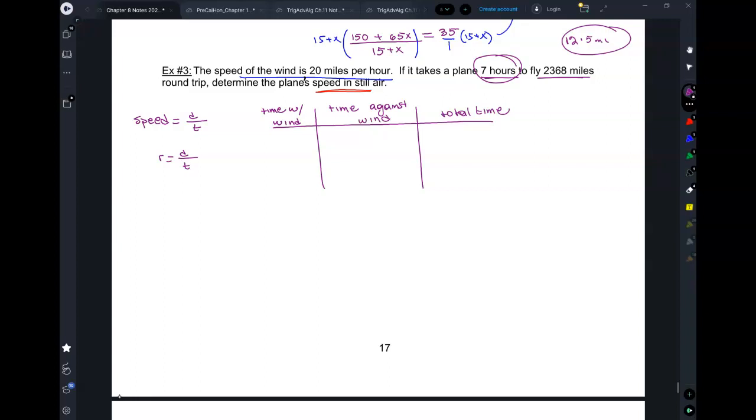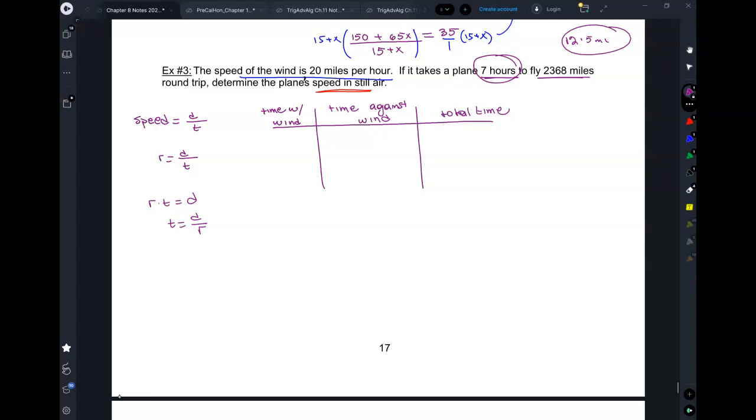So because we're given the total time, we have to write both of these in terms of time. So how can I solve this for time? R times T will be D. So T is D over R. Okay? So now, how much is the distance?